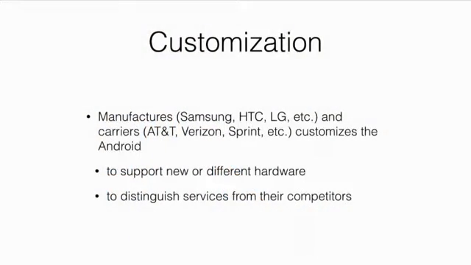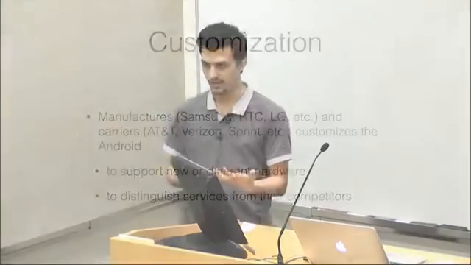What we show in this paper is one bad thing about open source. Because the Android code is open source, the manufacturers customize Android to support different hardware or to give different functionalities.